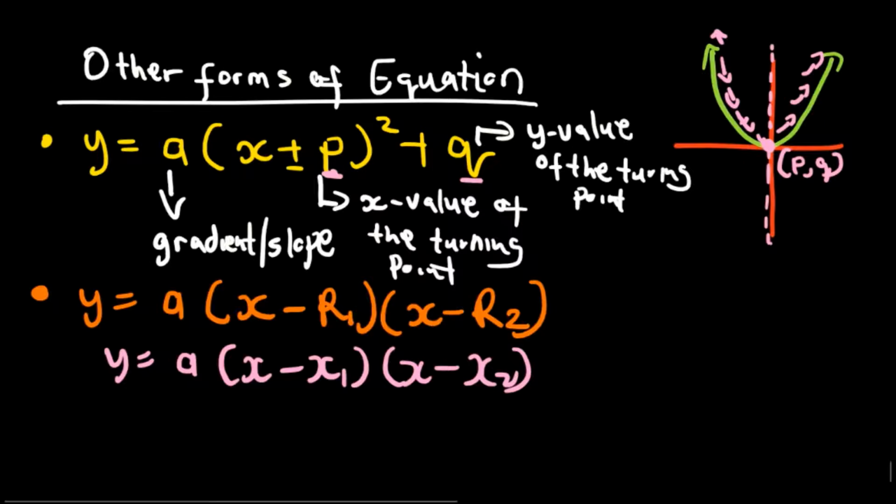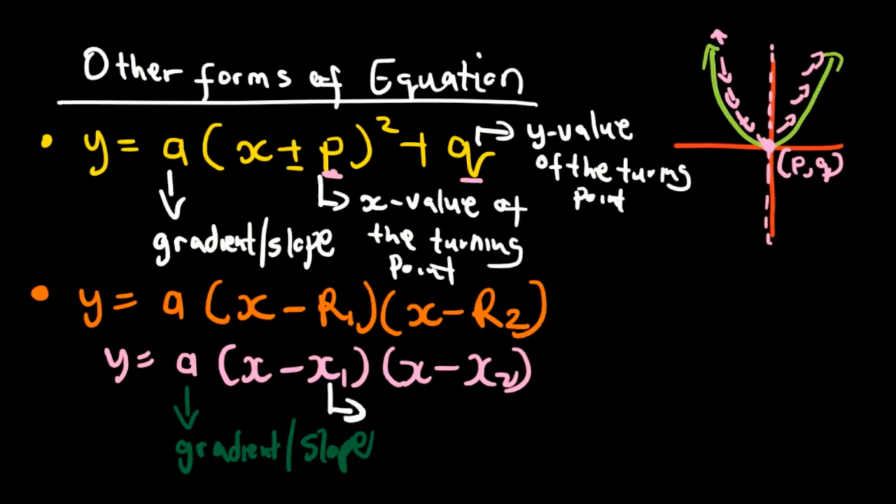But what's important for you to understand here is that this a here is still the gradient or slope, and then this x1 here, which is the same as r1, is your x-intercept, where the graph touches the x-axis. And this x2 here is also your x-intercept.